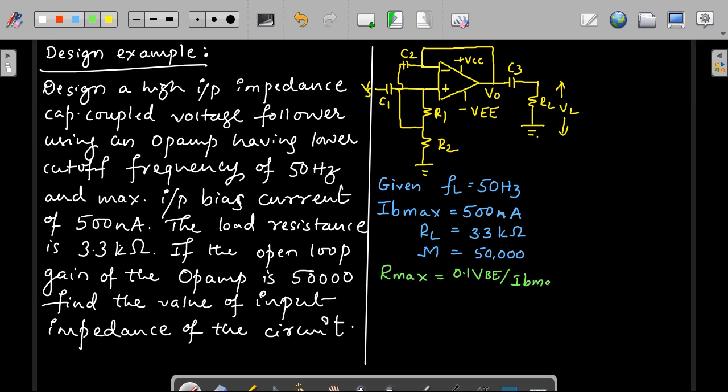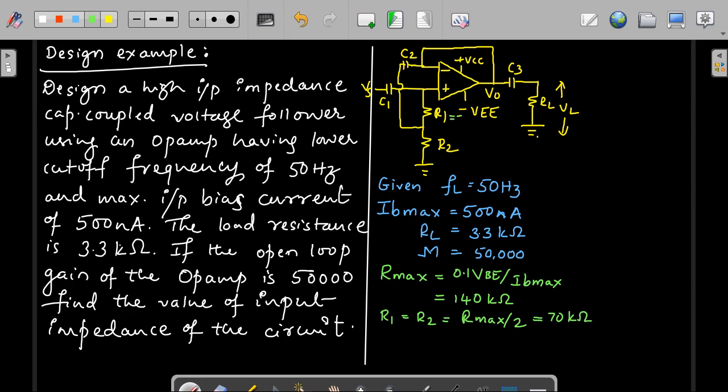R max is equal to 10% of VBE divided by IB max. As long as your IB max is 500 nanoampere and VBE is 0.7, as I have already told you in the previous class, you are going to get R max equal to 140 kilo ohm. So R1 is equal to R2 is equal to R max divided by 2, which is approximately 70 kilo ohm.